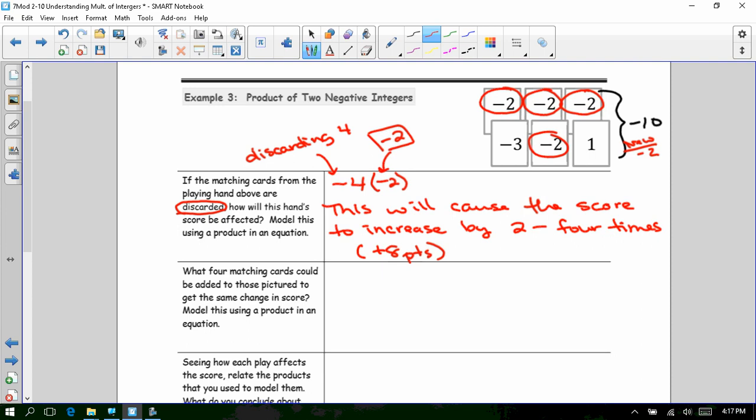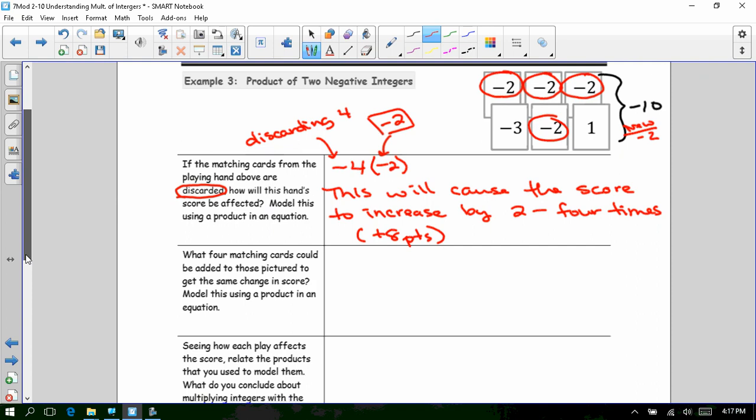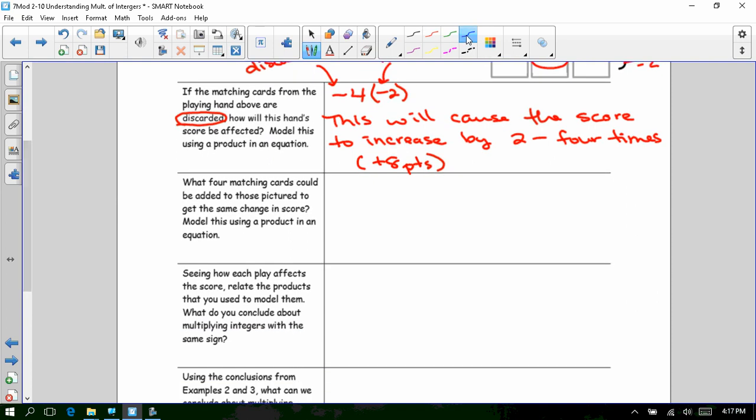Okay? What if instead of removing or discarding cards, I want to add cards and still get the same effect? I can just keep adding cards and adding cards. What else could get me to improve or increase my score 8 points? I could have 4 groups of 2, right? Couldn't I have done 4 groups of 2 and gotten an increase of 8 points as well?